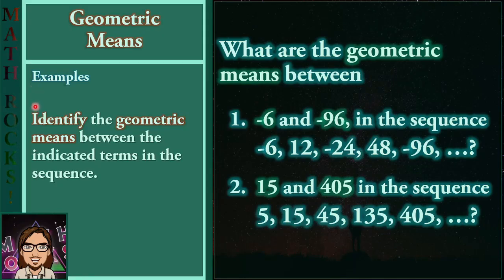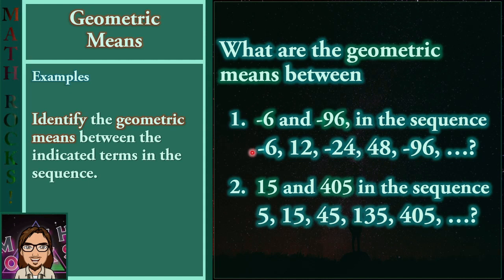Here we would like to identify the geometric means between the indicated terms in the sequence. Here is our first question. What are the geometric means between negative 6 and negative 96 in the sequence?